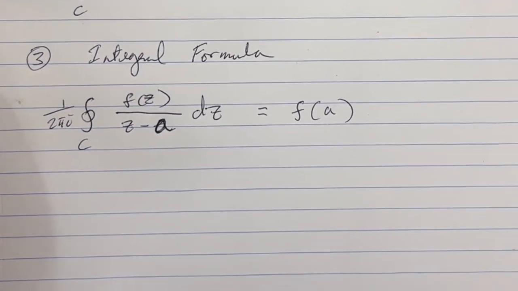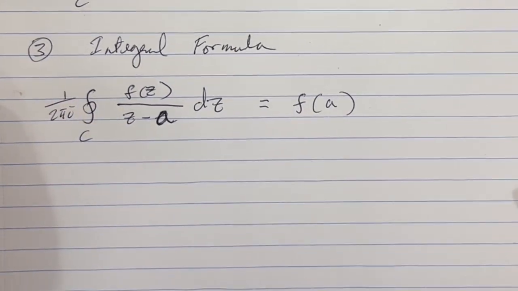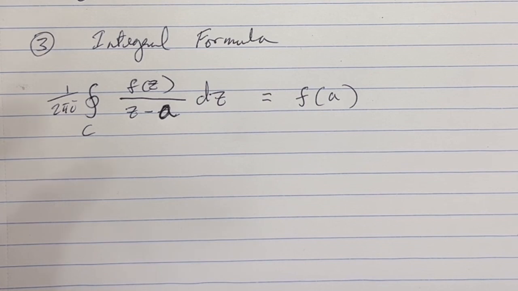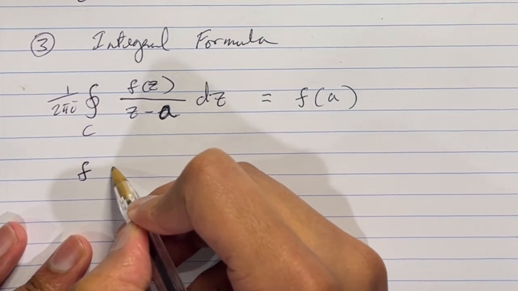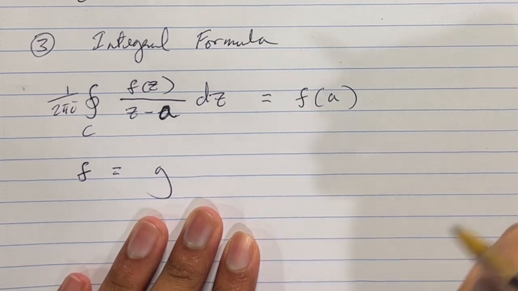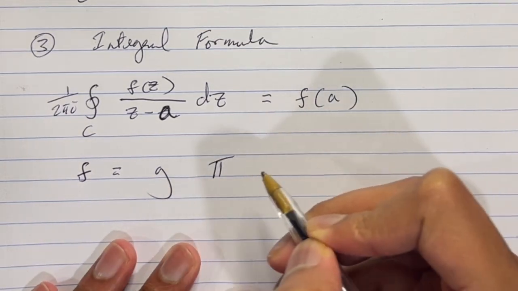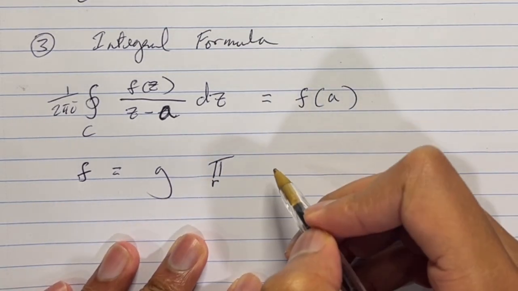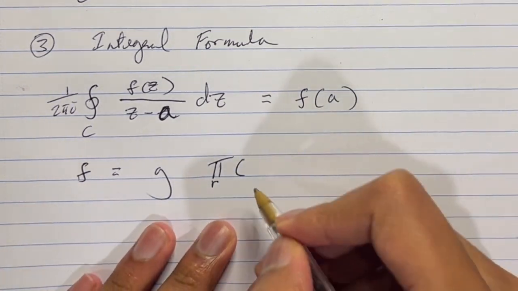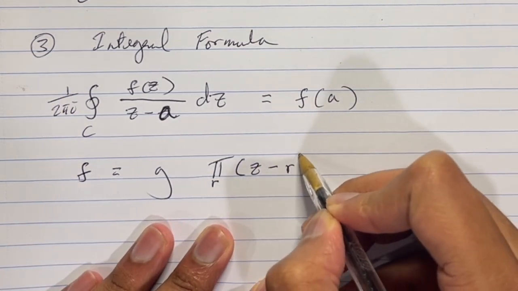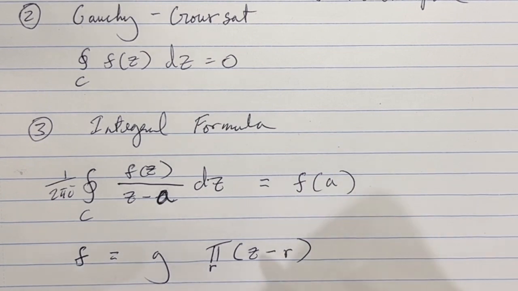Well, going back to the argument principle, because f is a meromorphic function, it has some zeros and it has some poles, we can write it as some function g times a product of z minus r over the zeros. I'll call it r for roots, because if it was z, then it would be a bit confusing because z is the variable we're using. So this is all the roots including multiplicity, right?